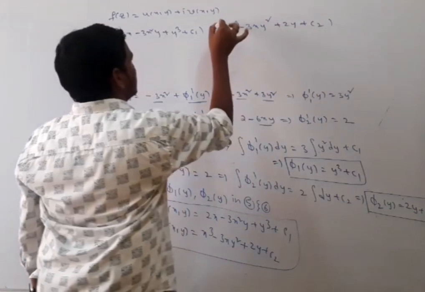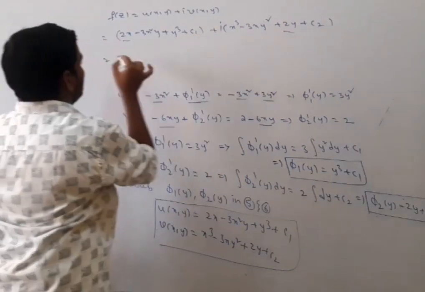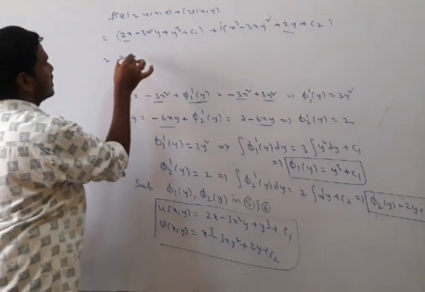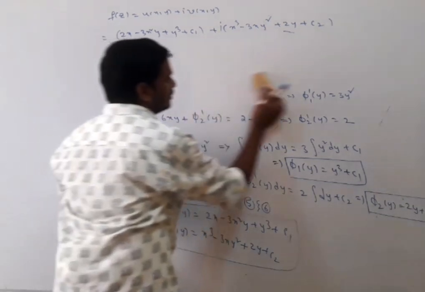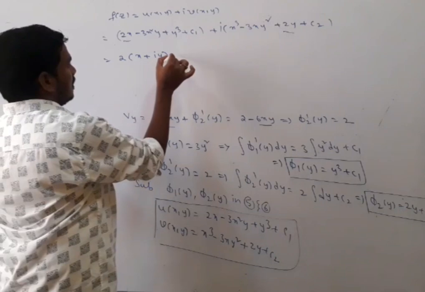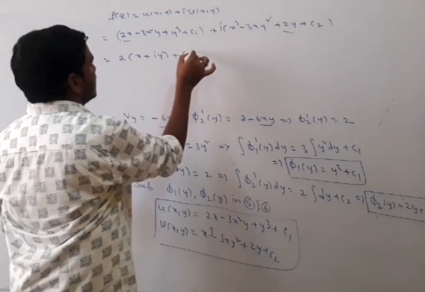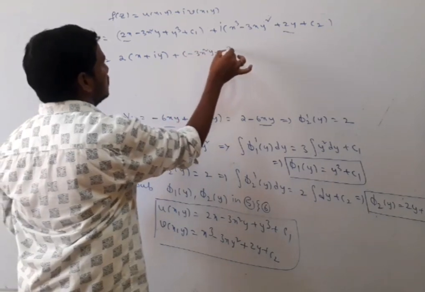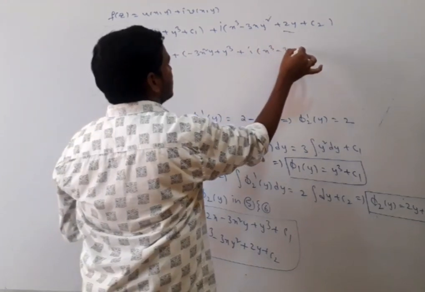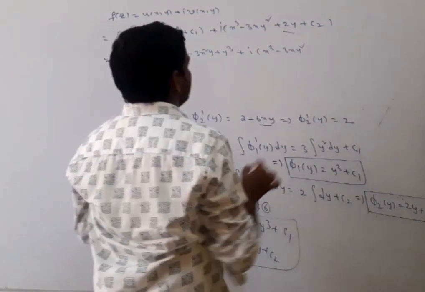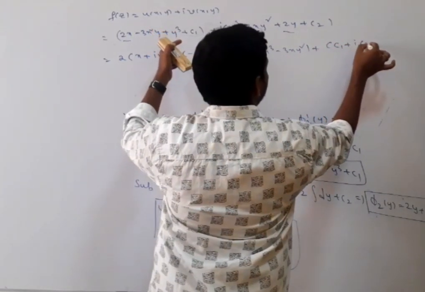This can be written with 2x and 2y, so taking 2 common, 2 times x plus iy. Next the real parts and imaginary parts: minus 3x square y plus y cube plus i times x cube minus 3xy square, plus c1 plus ic2.